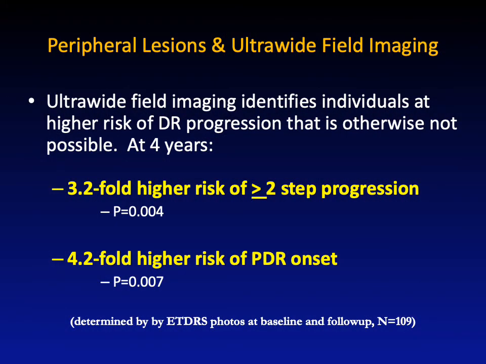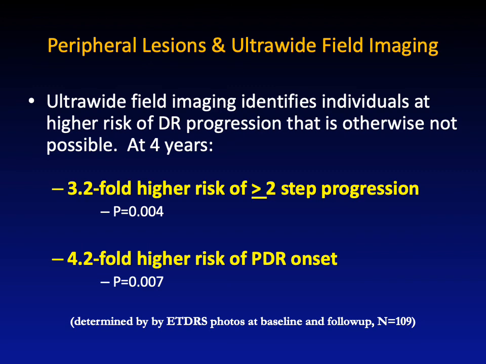So the study concluded that eyes with predominantly peripheral lesions at 4 years had a 3.2-fold higher risk of a 2-step or more progression, meaning a progression from mild to, for example, severe. And they were associated with a 4.2-fold higher risk of PDR.